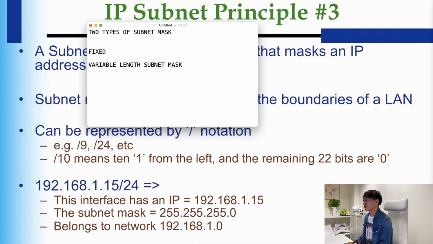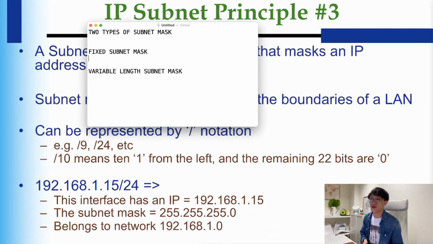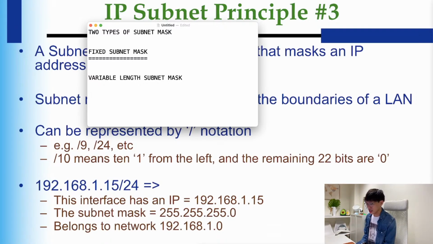We have already talked about this earlier, so I just want to show you this again, and I want you to be very sure about what the scope is. Now, a fixed mask means that this mask cannot change. It's always /8, /16, or /24.